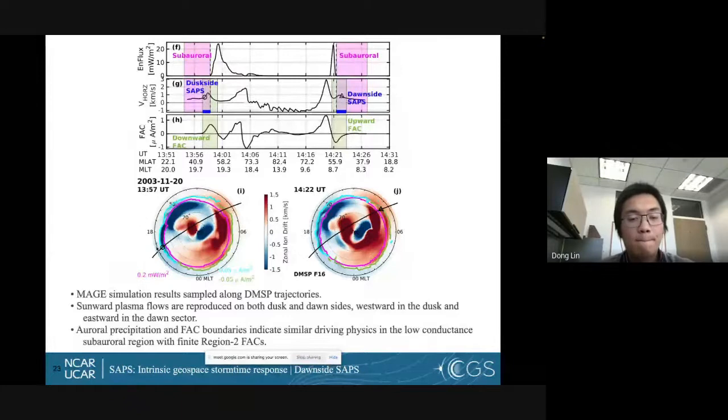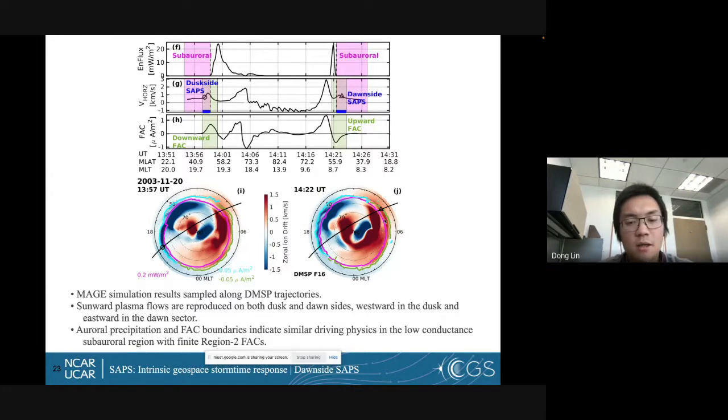So this is just like a typical scenario we have been talking about for the typical SAPS on the dusk side. Namely, the field-aligned current boundary goes below the aurora boundary, and as you know, there is a low conductance gap here, and the current continuity requires an enhanced poleward E field, which drives the E cross B along the westward direction on the dusk side.